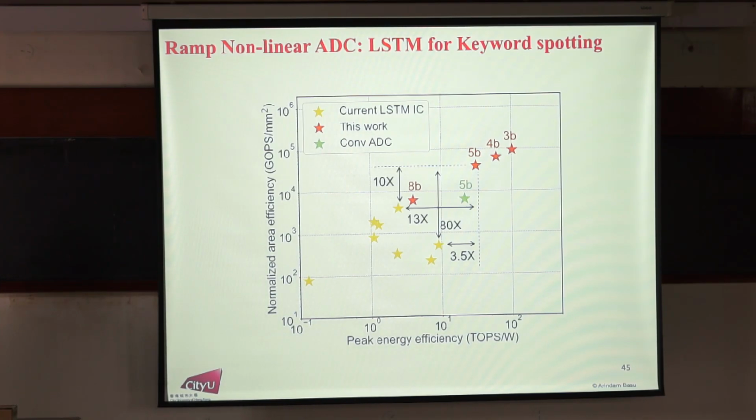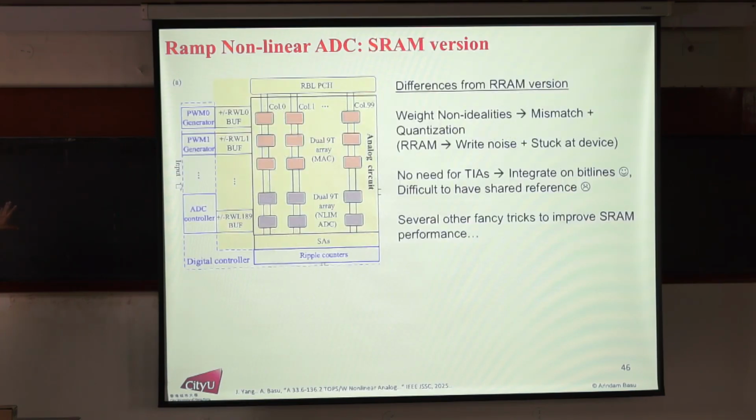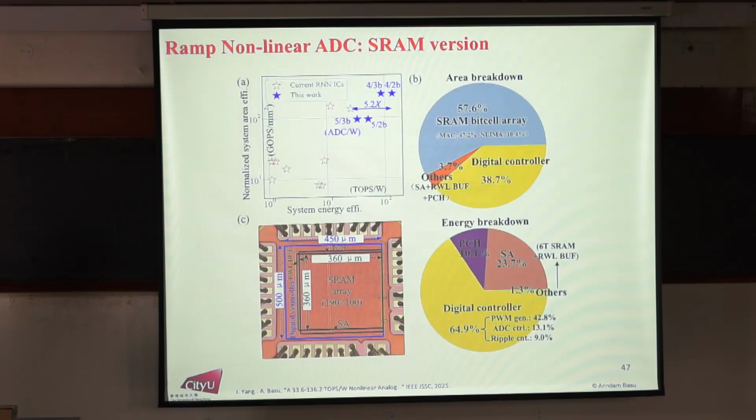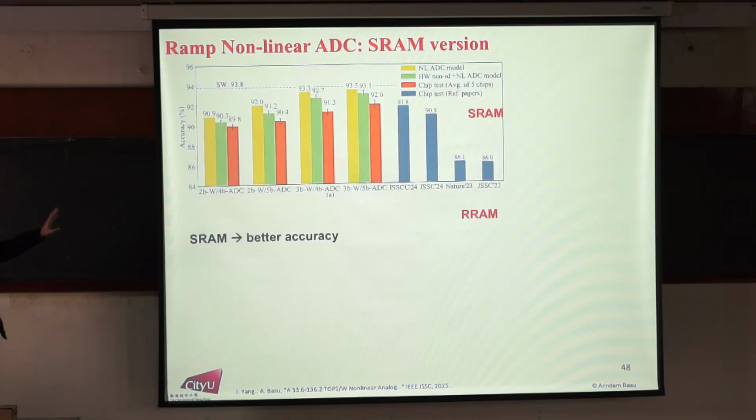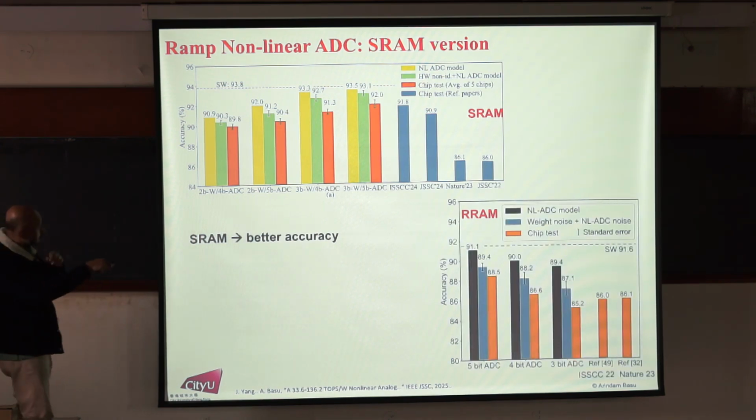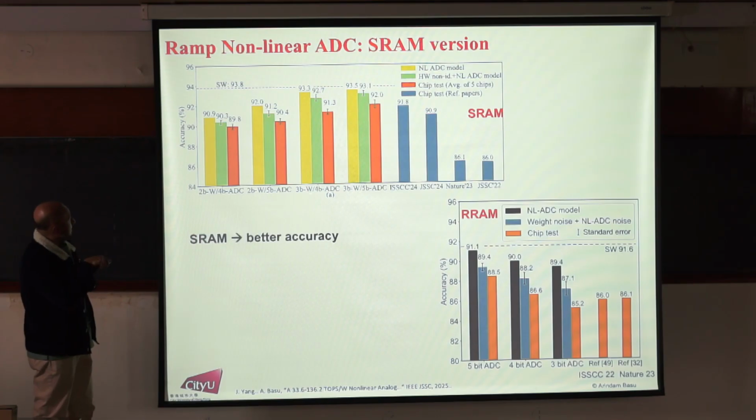Since I'm running out of time, let me quickly go to the SRAM version. The same concept you can do in SRAM, but there are very interesting differences. This paper also just came out in JSSC, so you can take a look. The moral of the story is, if you compare SRAM with RRAM, with the SRAM chip you can get even higher accuracies, close to 92% on this data set.